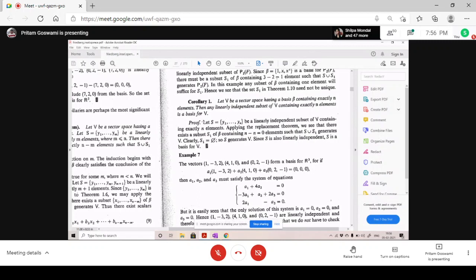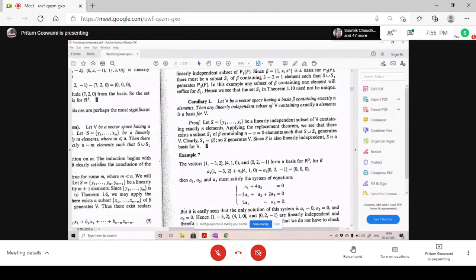So for that, they have taken this set S to be linearly independent. Suppose beta is a basis and S has n elements, y1 to yn, which is linearly independent. I have to prove that S spans the whole space.